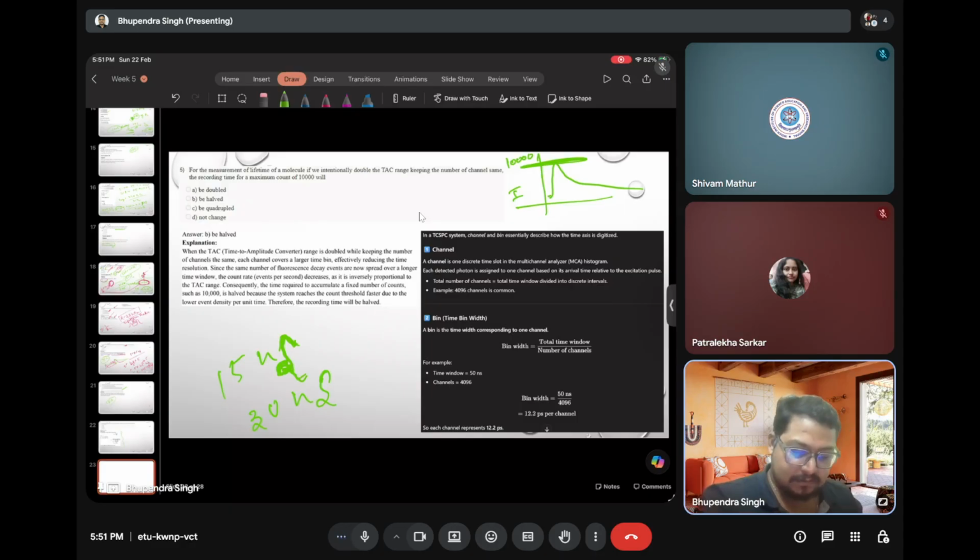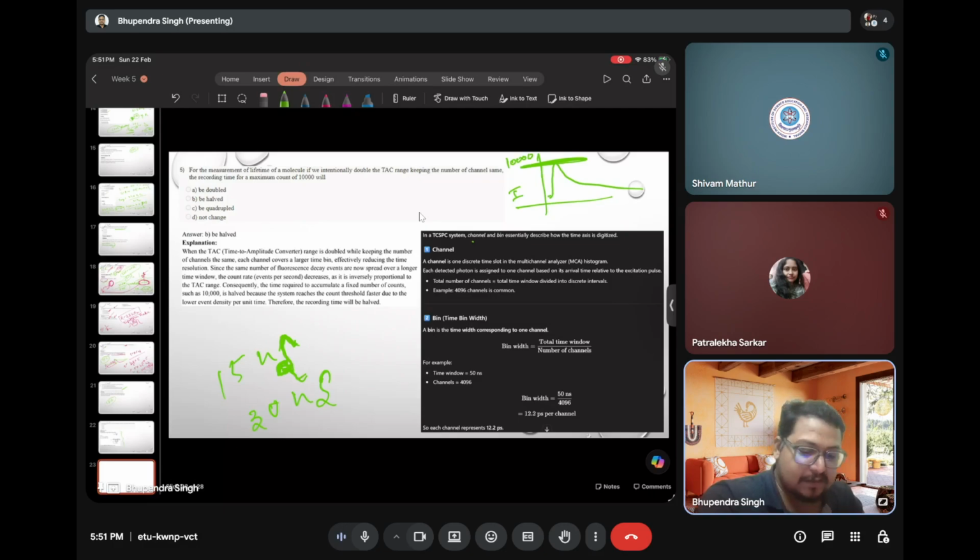So basically, as I have described here, in a TCSPC system, the channel and bin essentially describe how the time axis is digitized. A channel is one discrete time slot in the multi-channel analyzer, MCA, histogram. Each detected photon is assigned to one channel based on its arrival time relative to the excitation pulse.